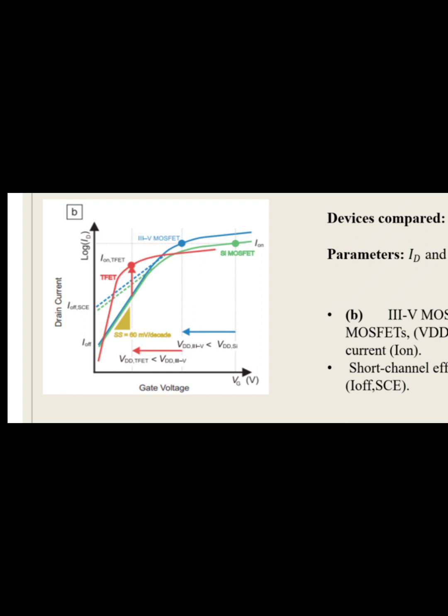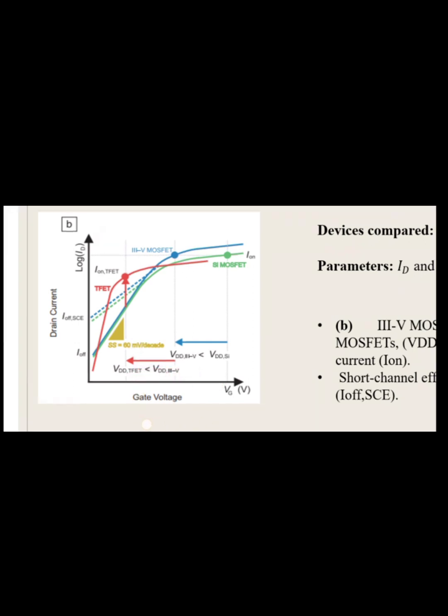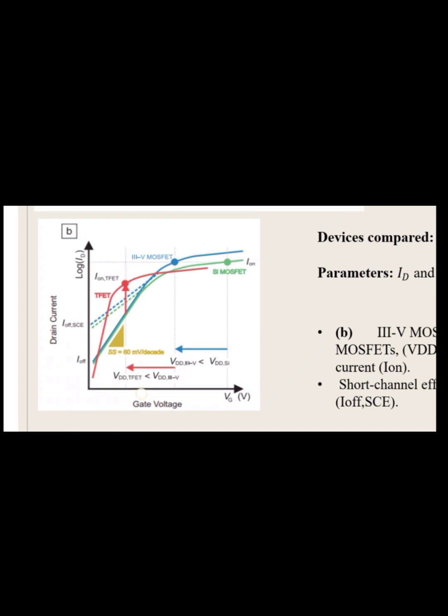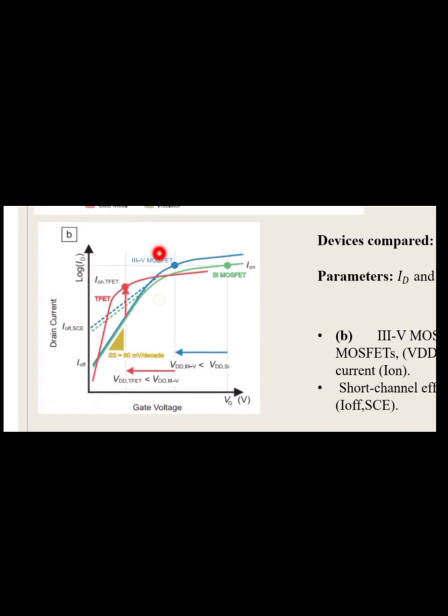This, as I said, is the on state of a device, and in this on state we can see the III-V MOSFET has the leading current, followed by the silicon MOSFET, and then followed by the T-FET. So the current here is actually low.